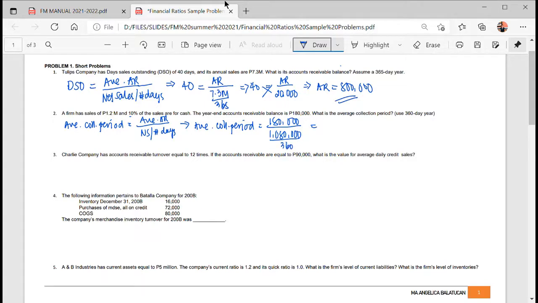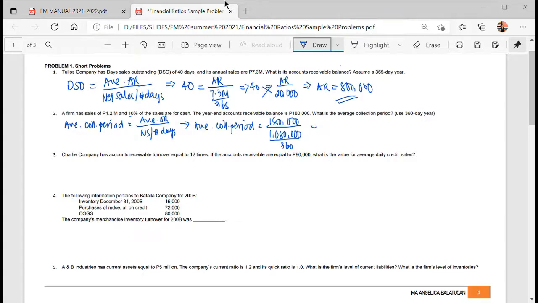Actually, this one would be the turnover already. The formula for the turnover starts with your credit sales. You can also use the other formula if you don't want to divide: AR times number of days in a year divided by credit sales, so it is not just divide and then divide again.